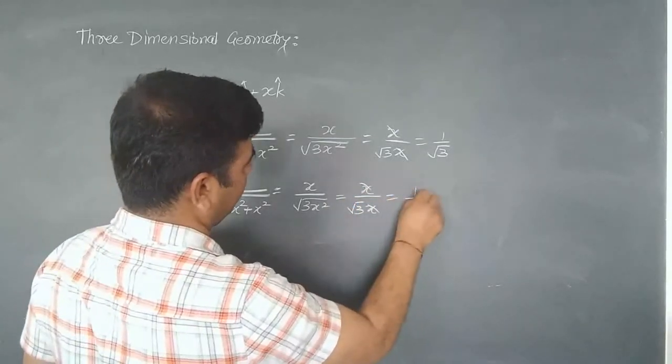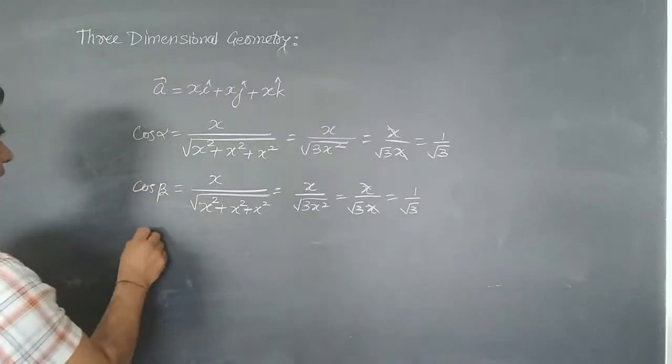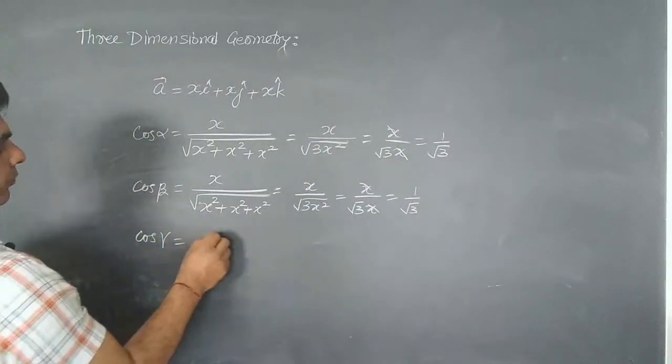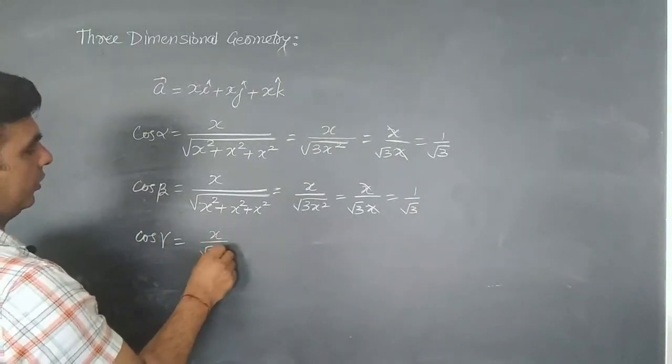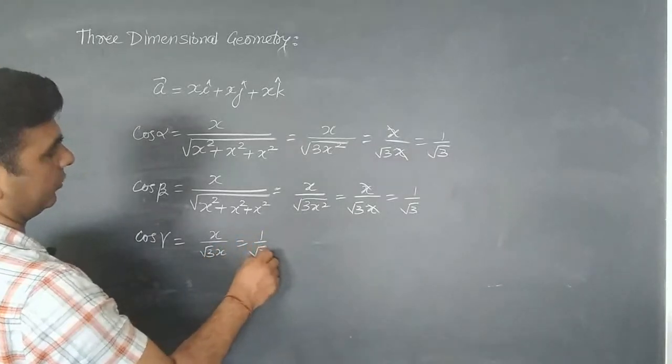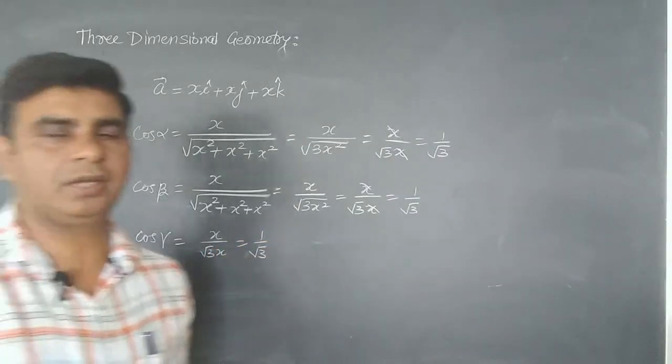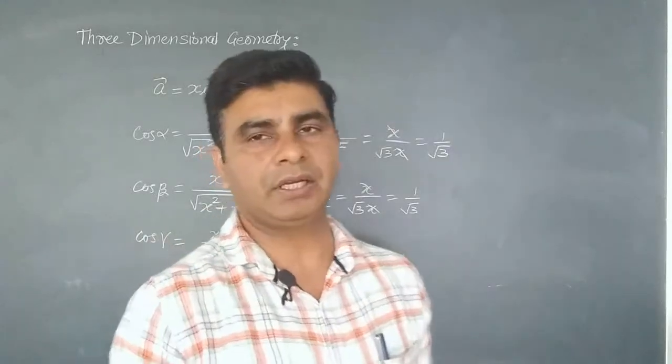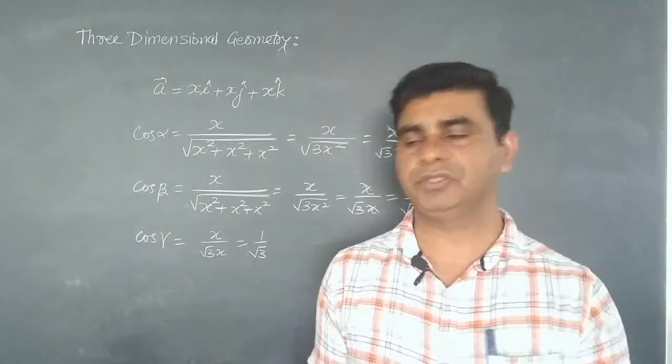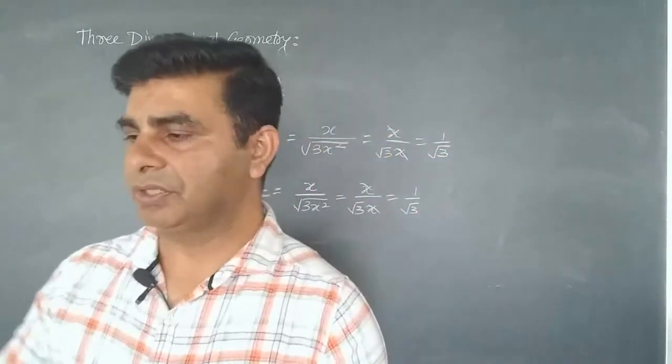Cancel out, this is 1 upon root 3. Same as cos gamma, which is x upon root 3 x, giving 1 upon root 3 again. So direction cosines will also be the same whenever alpha, beta, gamma are equal to each other. So this was question number 2, my dear students.